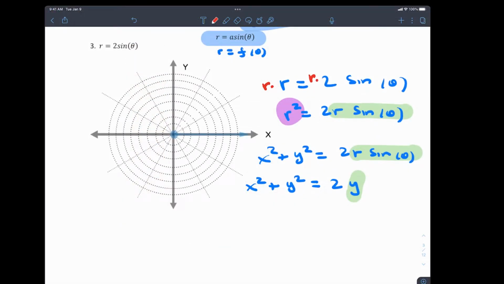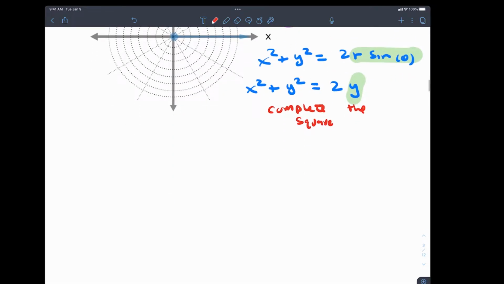So you might say, what does that have to do with me? I'm in trig. Well, let's say you have to complete the square. So in order to do that, though, we have to subtract that 2y. Do you guys remember how you complete the square?